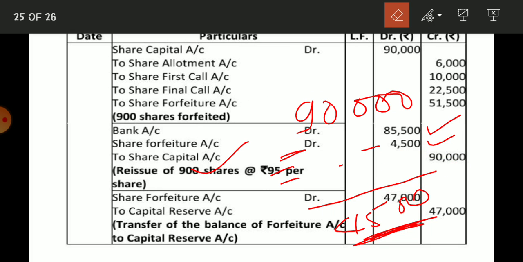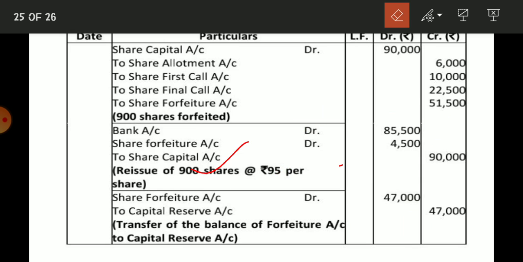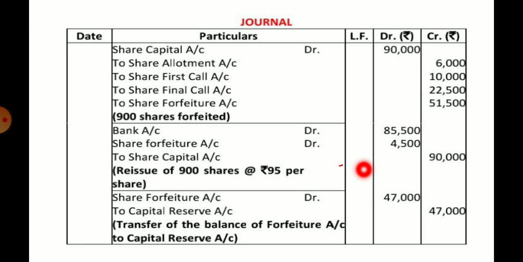Okay, so this will be entered in the share forfeiture account. Now the share forfeiture account is transferred to capital reserve; whatever amount is seized is transferred from share forfeiture to capital reserve. So there will be an entry of 47,000 and 47,000.